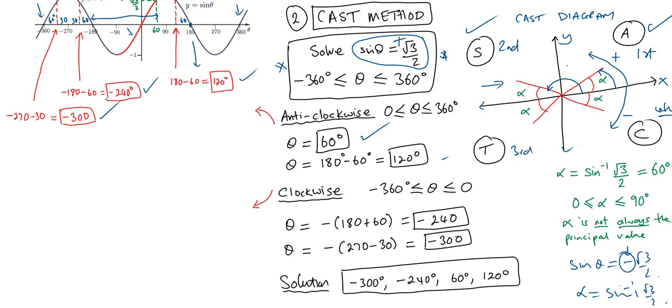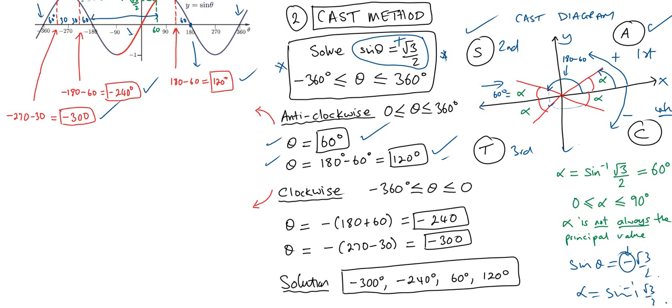So this angle here is 180 minus 60, because alpha, remember, is 60 degrees. That gives us our 120. But if we keep going round in this direction, we can't use alpha in the third and fourth quadrant, because sine is negative there. So it's only those two values.